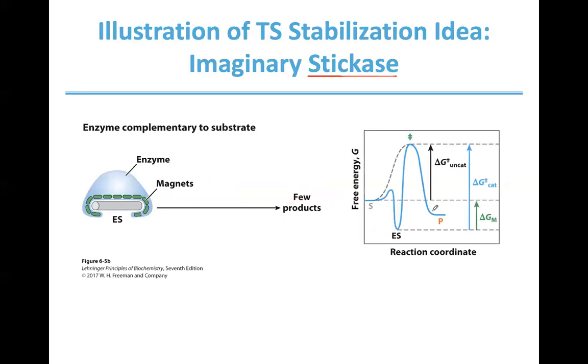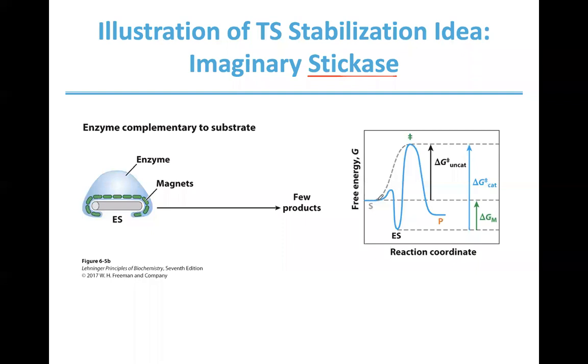So let's say our enzyme binds the substrate very well, okay? The binding site or the active site is complementary to the stick, so it binds it very strongly. It will not bind any other kind of shape, right? But this will slow down the reaction. You can look at the energy diagram.